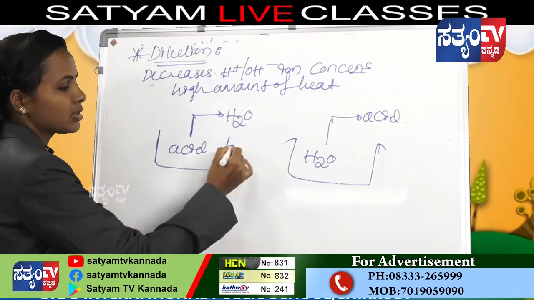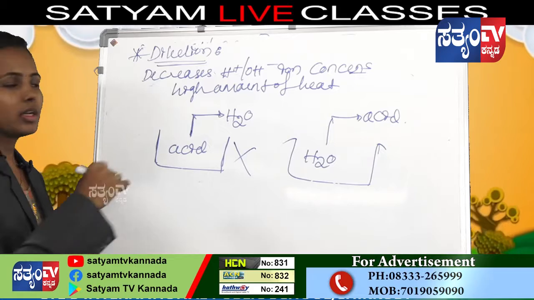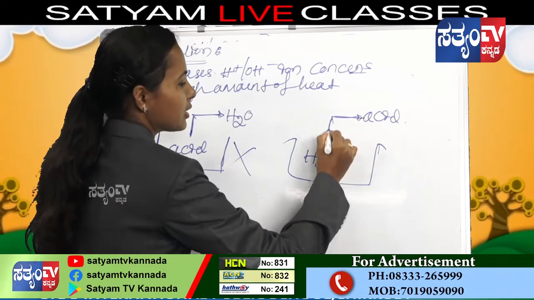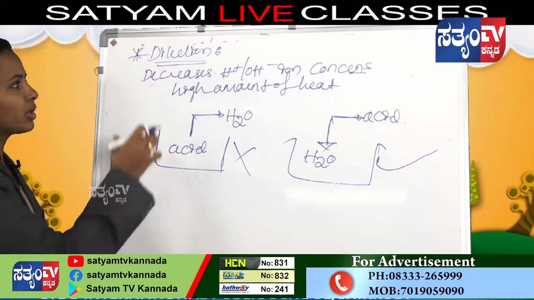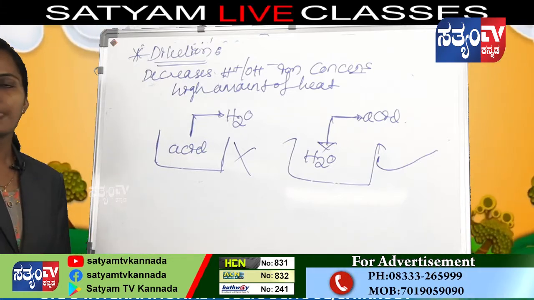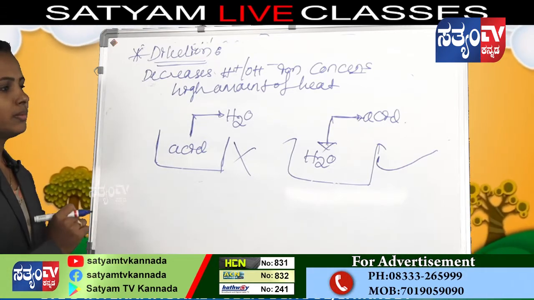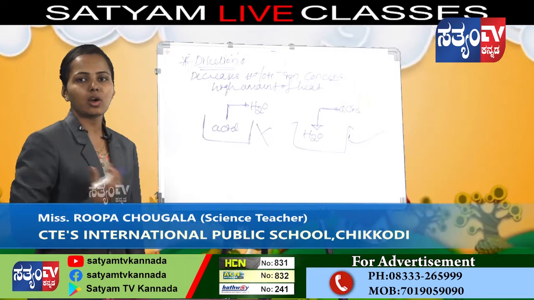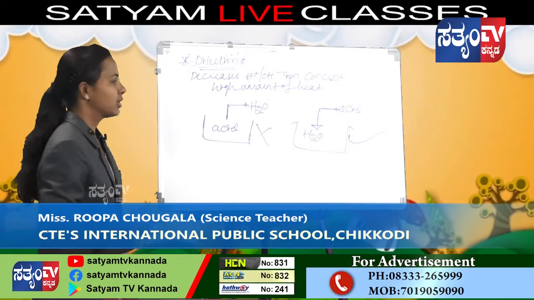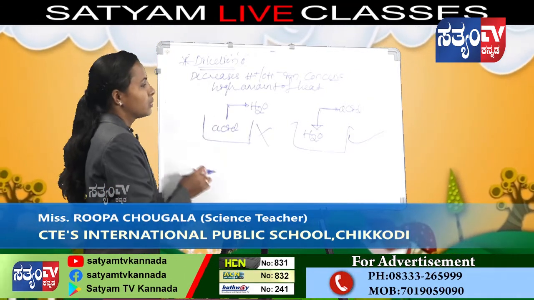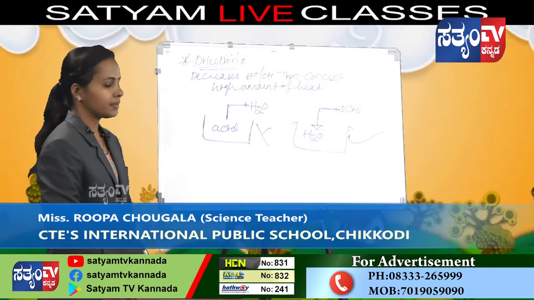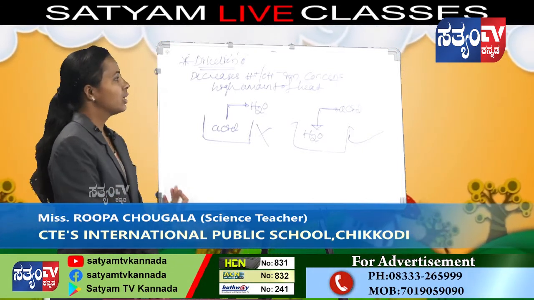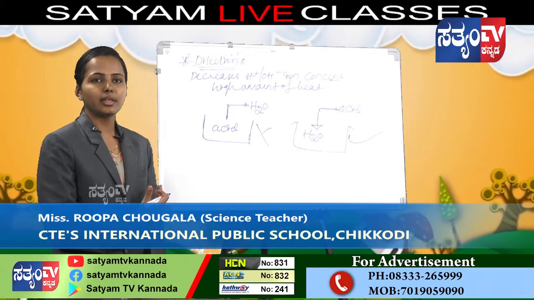This is a wrong method. Here we are adding the acid to water. This is the right way for the preparation of a dilution of any solution. It may be an acid or a base. We can easily prepare dilutions of these acids and bases. This is about the dilution of acids and bases.